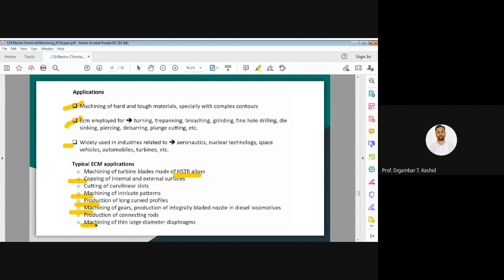So all these applications are possible, all these machining and production is possible using ECM. These are some applications of electrochemical machining.